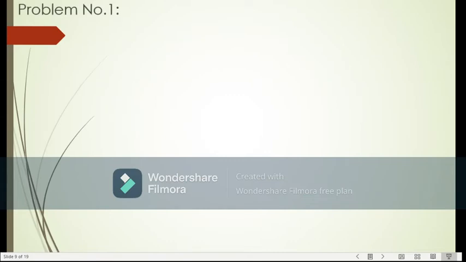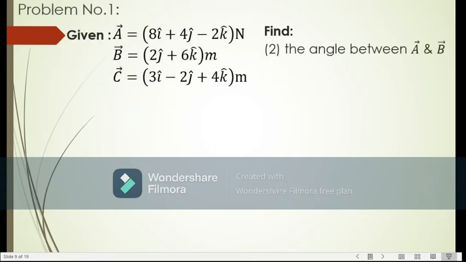So let's go back to our example problem 1. We are asked to calculate for the angle between vectors A and B. So again, using our general equation for the dot product, when we say A dot B, that means the magnitude of A times the magnitude of B cosine theta.